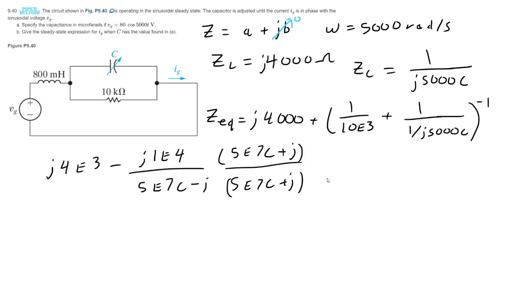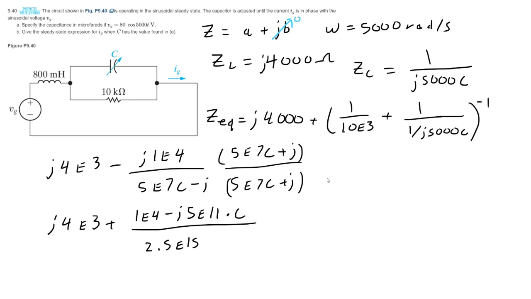That ends up being J 4e3 plus 1e4 minus J 5e11 times C, our unknown capacitance still, over 2.5e15 C squared plus 1.